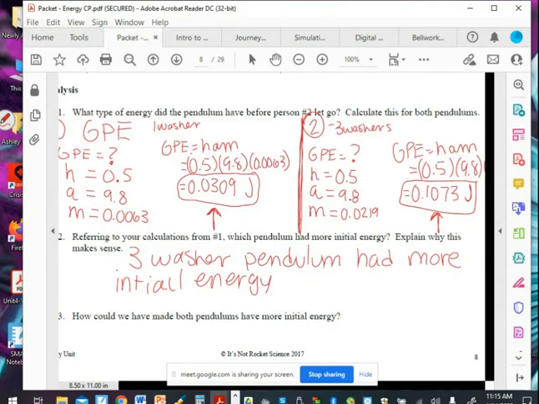So that makes sense, because you're multiplying all these, so it's going to have more mass. So the 3 washer pendulum had more initial energy because it has 3 times the mass.